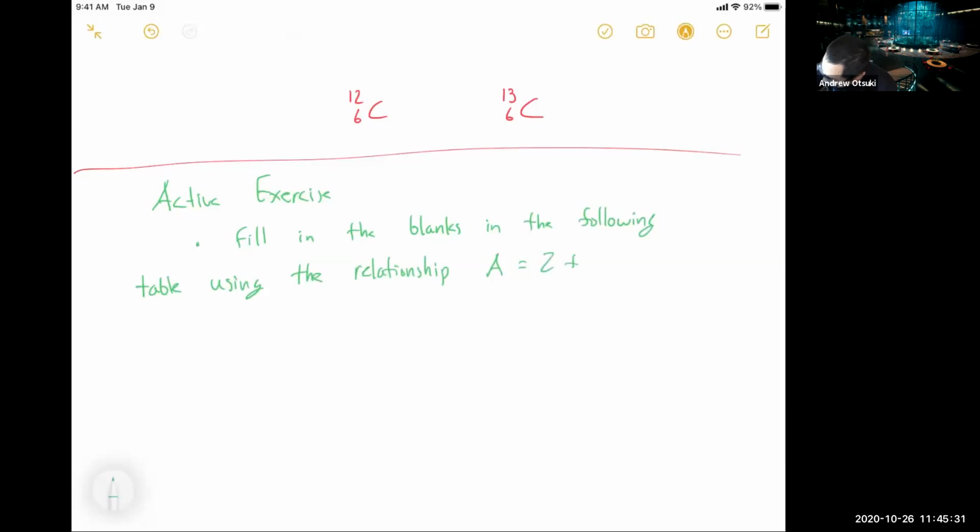I will not make you memorize the periodic table, so you need to have one handy to do this exercise. Make sure you do that.